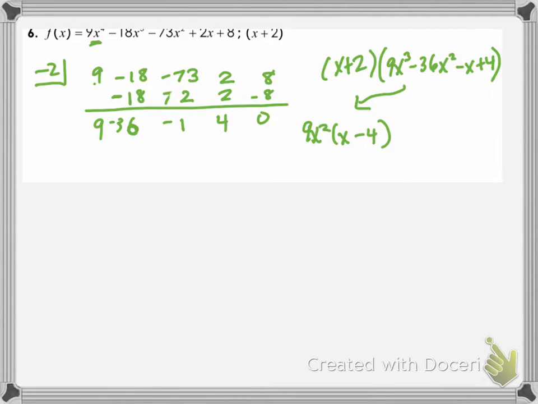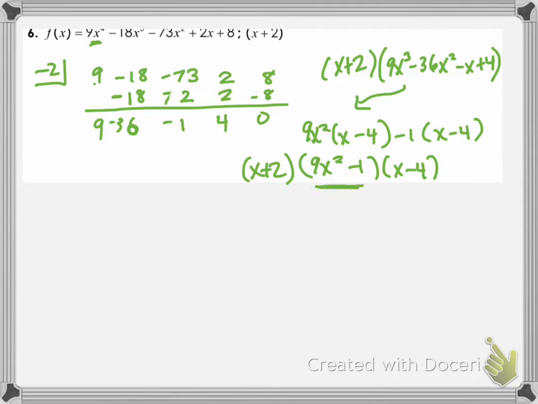And look what I have here. If I take a minus 1 out, I get x minus 4. So the grouping factors go 9x squared minus 1 and x minus 4. And I had x plus 2. So now those are 3, but I can go further here because see that square term, that's what you should be looking for. And isn't this a difference of squares?